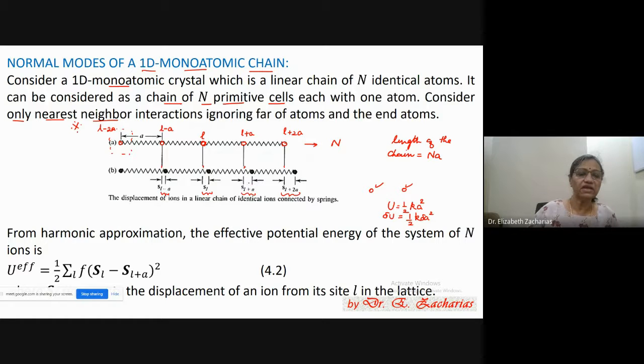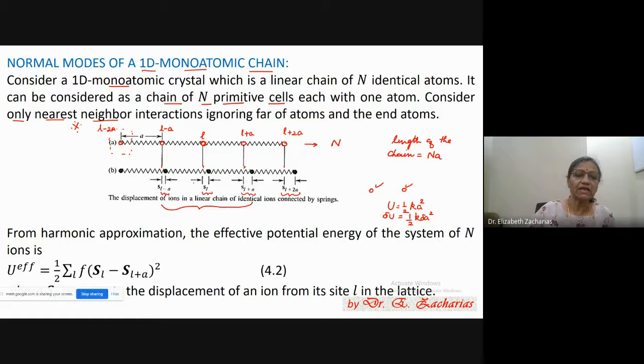Now let us consider three atoms. L is our hero, and then one to the left and one to the right. We will talk about an effective potential energy for this chain.